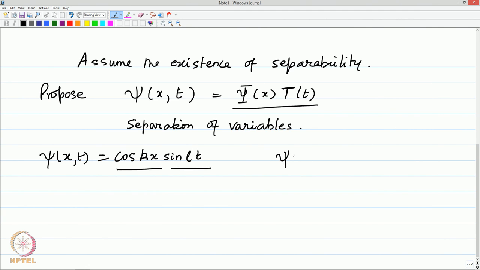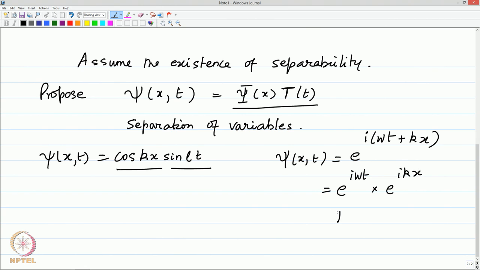Likewise, if psi of x, t is exponential i omega t, with some constant omega and the time variable, times another constant k and x, this is again exponential i omega t times exponential i kx. So this is the T of t and this is the psi of x. That such functions exist is the assumption here for solving Hamiltonian systems which do not depend on time.